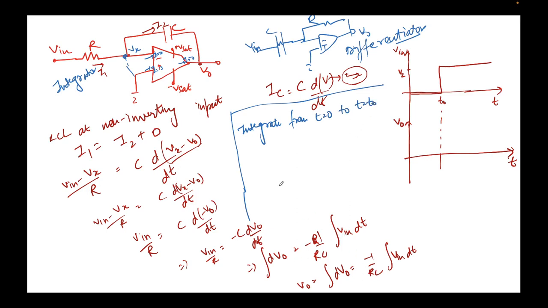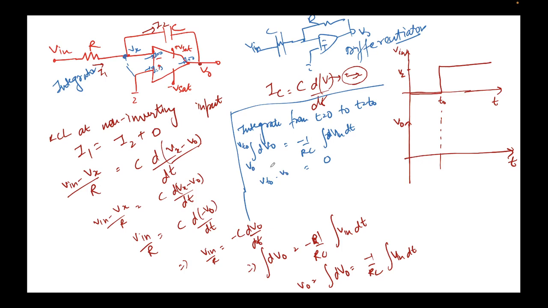I'm using just this expression, so it will be the integral of dv0, from v0 to vt0, equal to minus 1 by RC times v in dt. The value of v in is 0 here, so the RHS becomes 0, so we get vt0 minus v0.